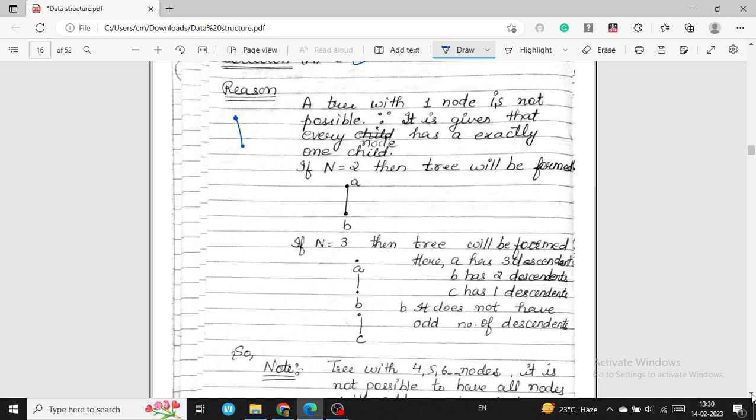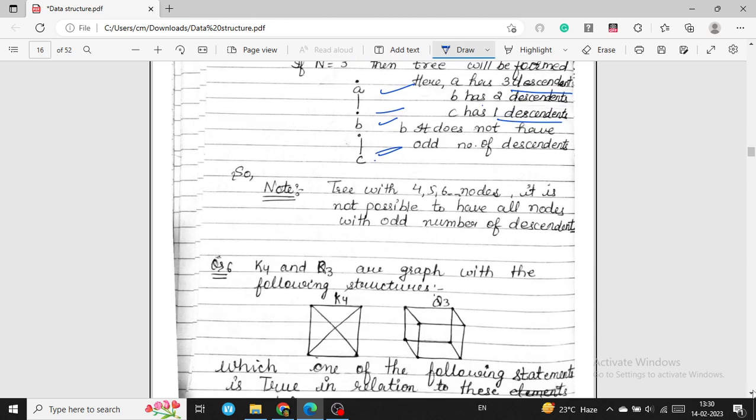If n is equal to 2, you can form a tree where A's descendant is B. If n is equal to 3, then A has 2 descendants, B has 1 descendant, and C has none, so it does not have an odd number of descendants. So for trees with 4, 5, 6 nodes, it is not possible for all nodes to have an odd number of descendants. That's why the answer here is 0.